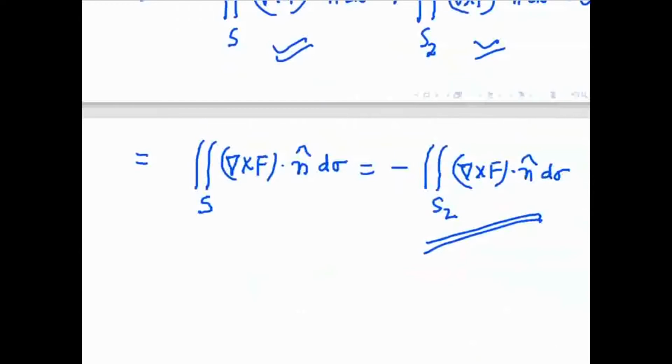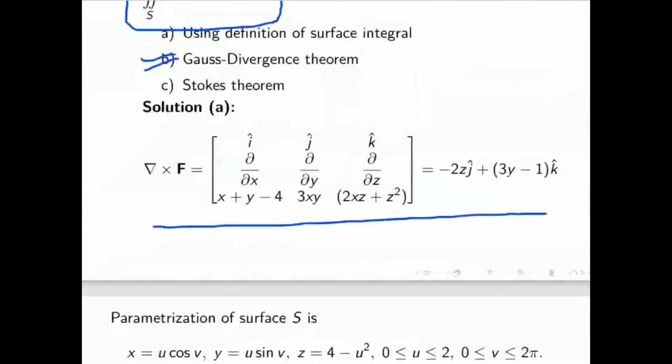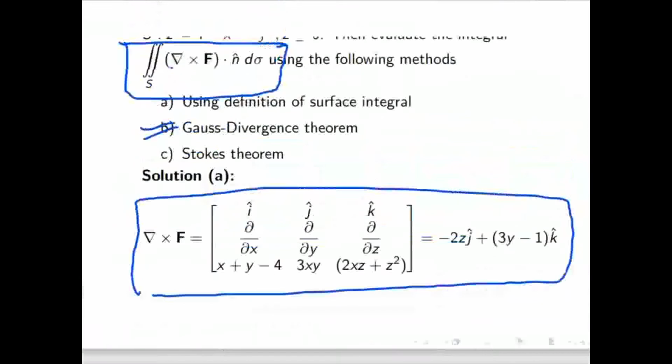Now, how to calculate the surface integral? What is the formula for the surface integral? Del cross f: in the first part of this question we have seen the cross product of f, which is given here.